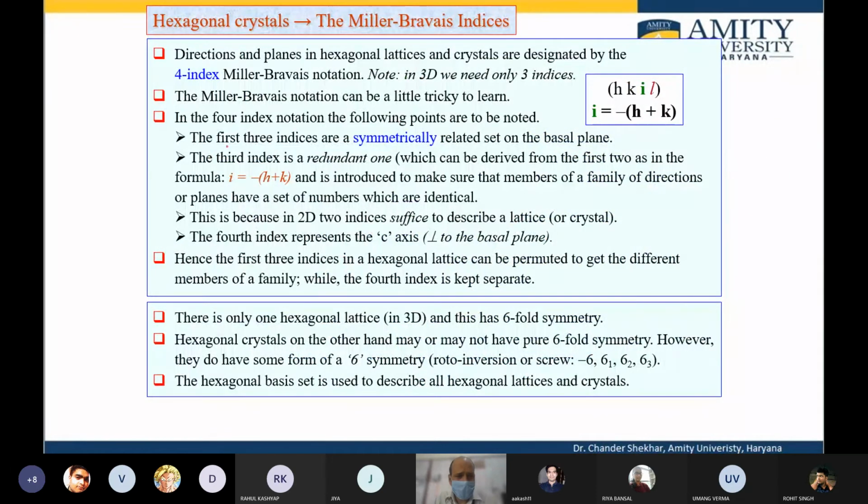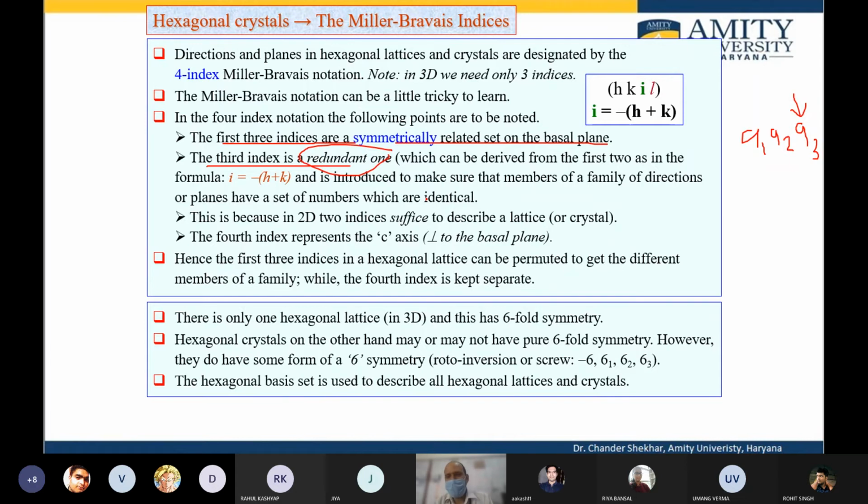So for that, the first three indices are symmetrically related to the basal plane, and the third index is a redundant one. So three means A1, A2, and A3. These are the indices for the basal plane, and the third one, A3, is kind of a redundant one because it can be calculated from the other two.